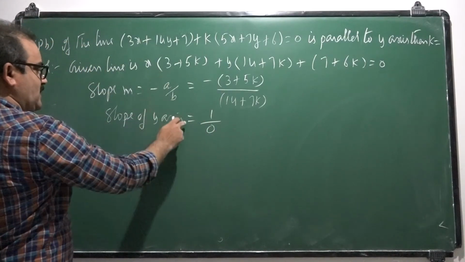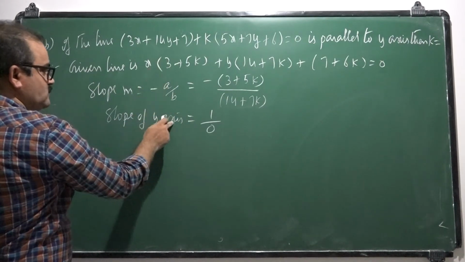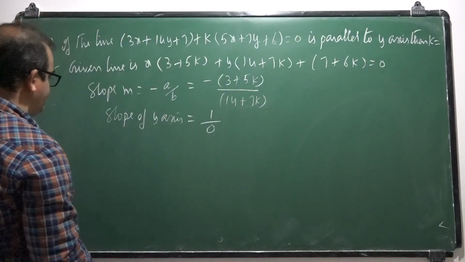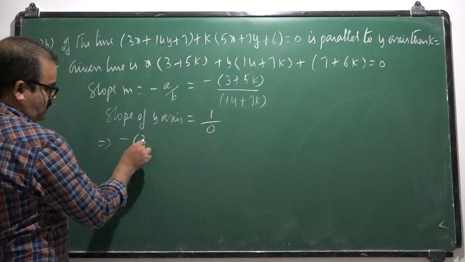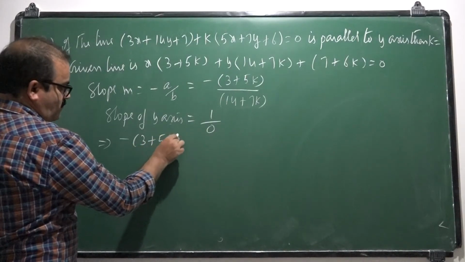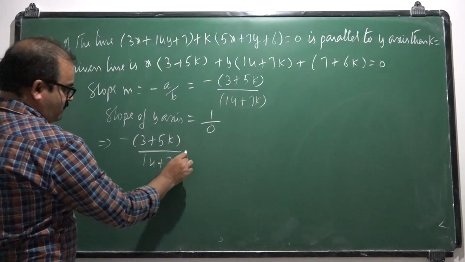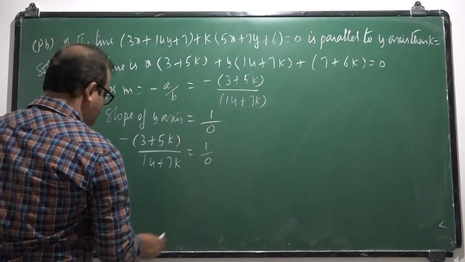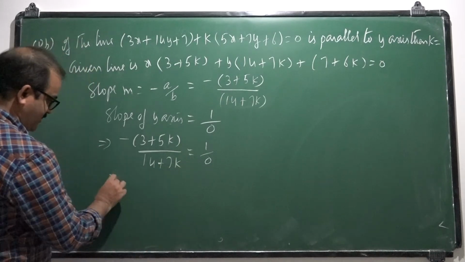This line is parallel to the y-axis, so the slopes of these two lines are the same. So minus (3 + 5k) by (14 + 7k) is equal to 1 by 0. From this, find the k value.